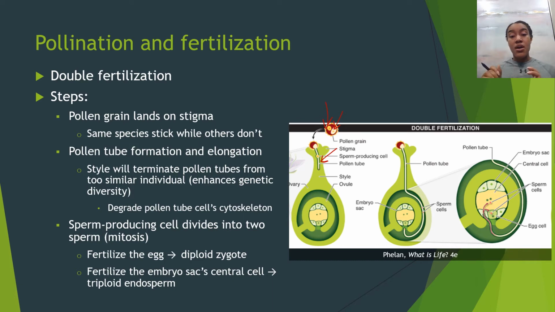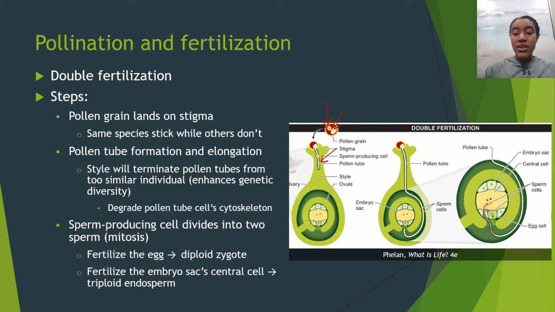If the pollen tube's genetic information is identical or very similar to the genetic information of the plant that contains the ovary, then the pollen tube will start to be disintegrated by cells within the ovary to prevent self-fertilization, but also to enhance the chances that another pollen grain from a vastly more genetically different cell will have a chance to stick and fertilize the egg, giving you more genetic diversity.